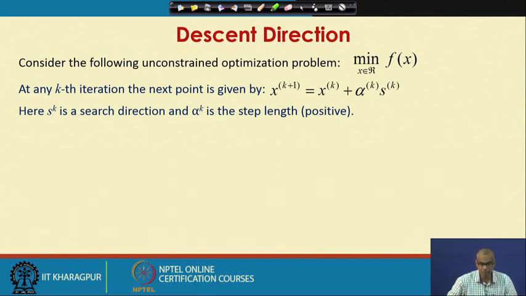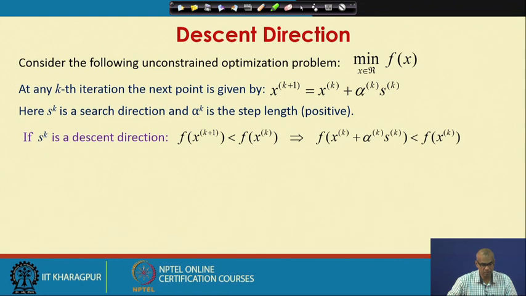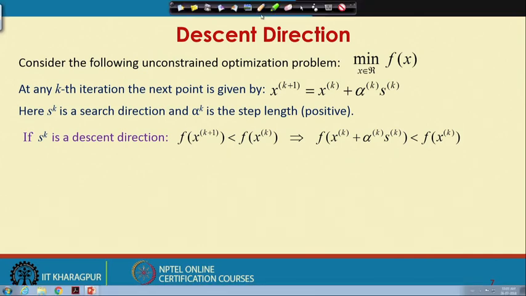Here s k is the search direction and alpha k is the step length, and we choose a positive step length. If the direction s k is a descent direction, the function value at k plus 1th iteration will be less than the function value at kth iteration. So, if s k is descent direction, f of x k plus 1 must be less than f of x k.